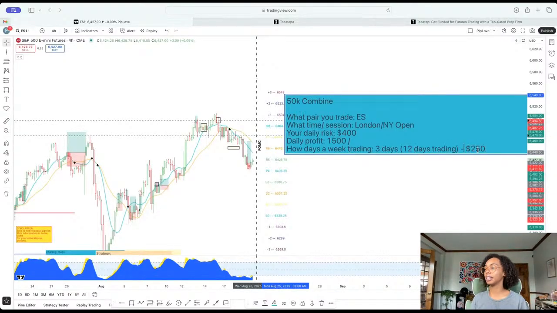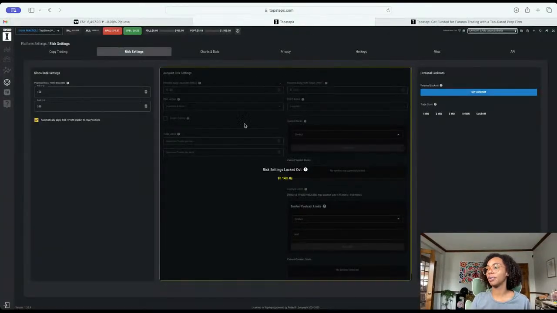Now, when you see something like this, now that you know the minimum you need to make for those days is $250, when you go to your settings for your risk, for your profit targets, you can still set it at 1,500 just to give you some room there.